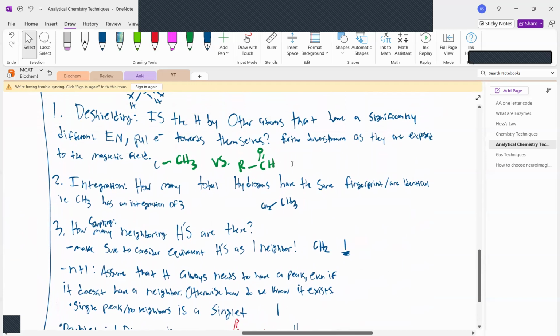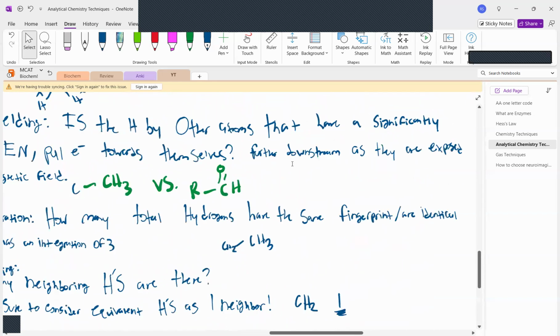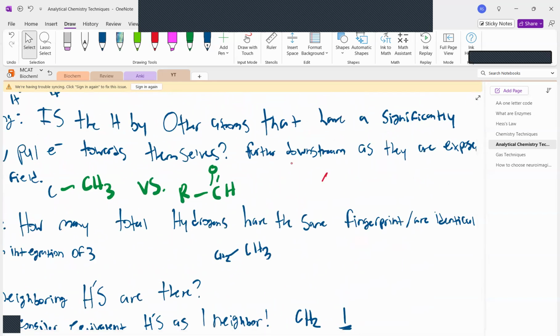So think about it logically, like how electronegative it is. Also, if you have something aromatic, that is going to be pretty deshielded. Double bonds are more deshielded compared to single bonds too. So just think about it logically like that. That's the other thing that is important.